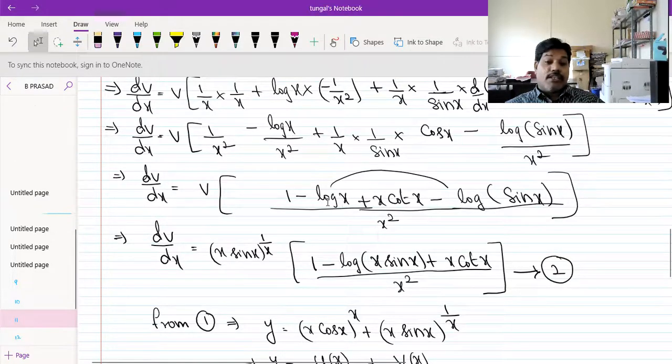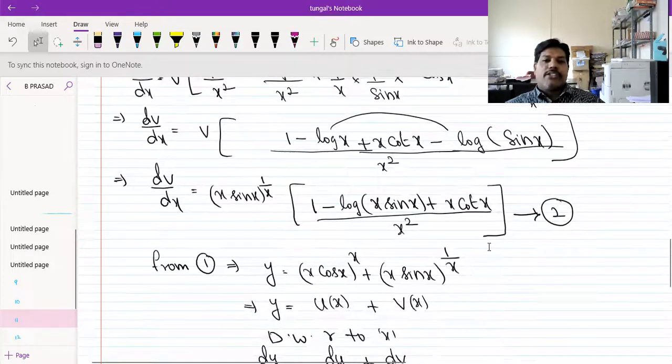Also you can see the terms minus log x and minus log of sin x. From these two terms I will take minus common, and it will become log x plus log of sin x, which becomes log ab. So it will become log of x sin x, plus x cot x. So take this as equation number 3.